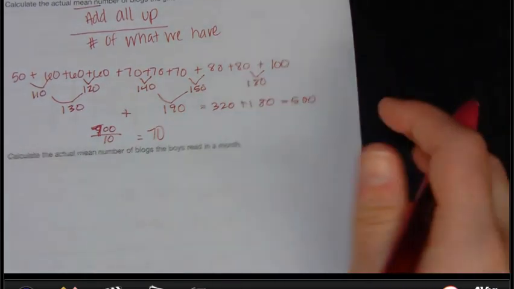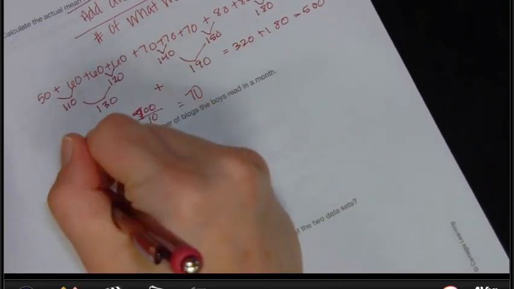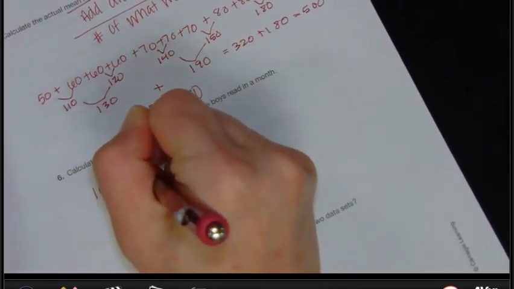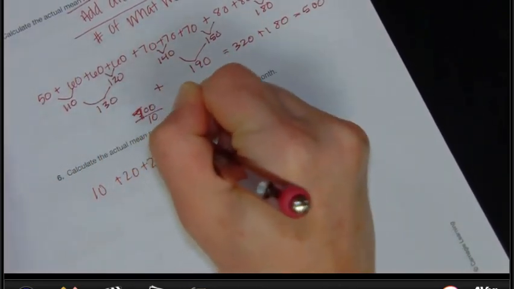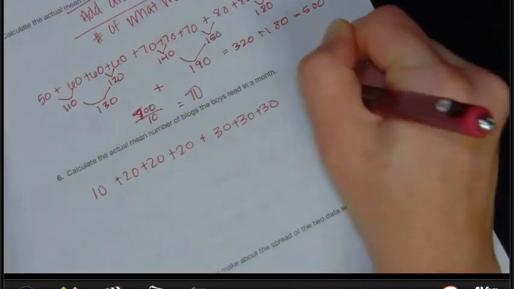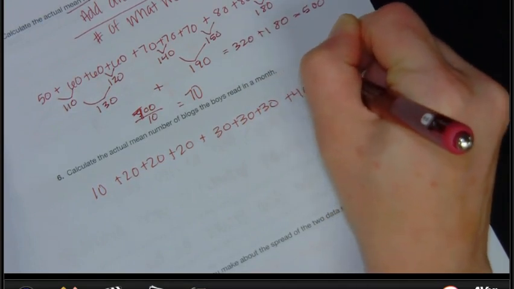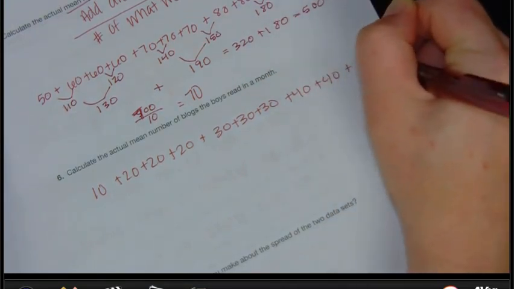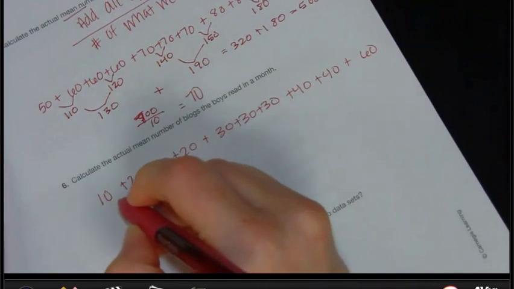Okay. All right, calculate the mean number of blogs the boys read in each month. So we're going to have 10 plus 20 plus 20 plus 20 plus 30 plus 30 plus 30 plus 40 plus 40, and then one way out here at 60.